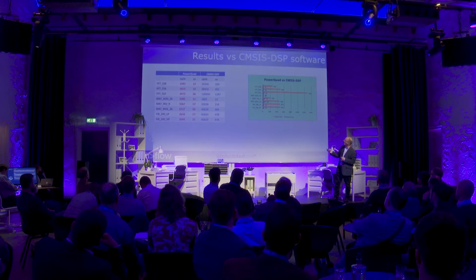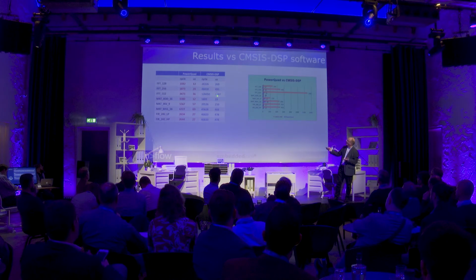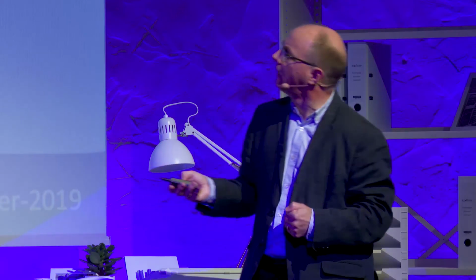And something astounding like around 512 point FFT, so it'll be a real FFT, taking a millisecond running in software, and 36 microseconds running it on the power quad. Of course, the intention of the power quad and these accelerators, whether it's DSP or cryptography, is to get the algorithm completed as fast as possible and get to sleep as quickly as possible.